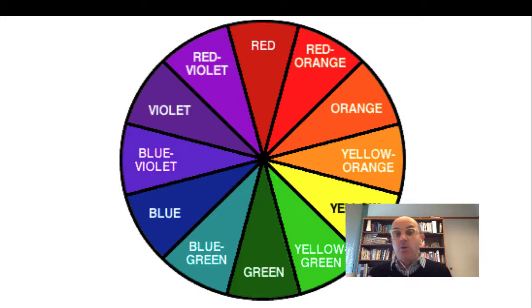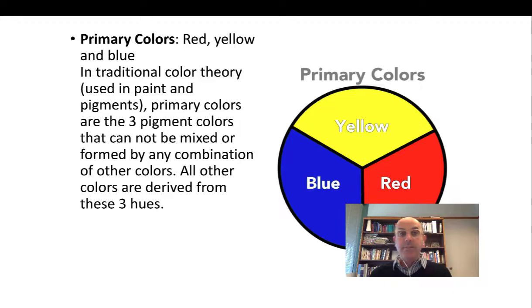So we have the red, the orange, the yellow, the green, and all of that is part of the circle that we see colors. But we have also classification of colors. What does it mean, classification? We like to classify colors in order for us to have a better sense of how we use them.